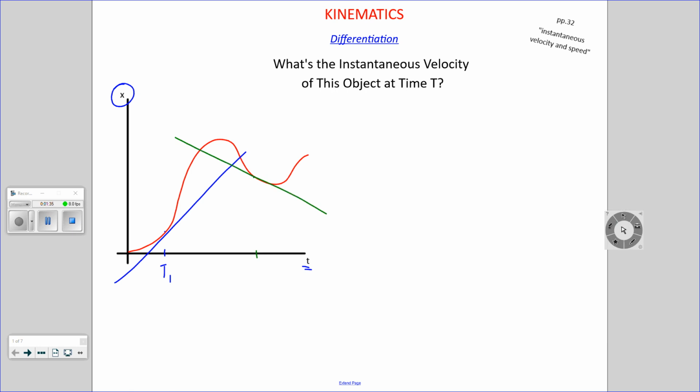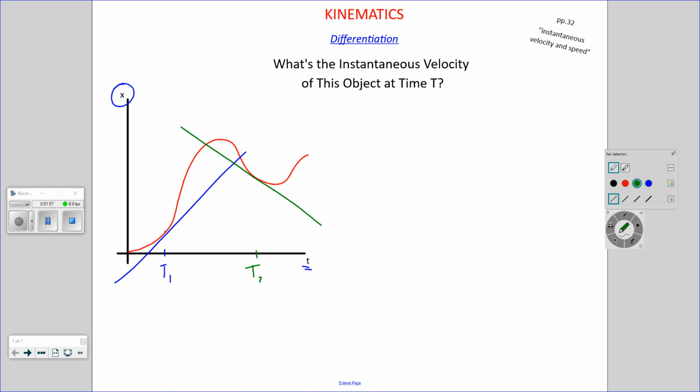Forgive me if my slopes aren't just right. Yeah, that's better. And there are others. Here's t2.